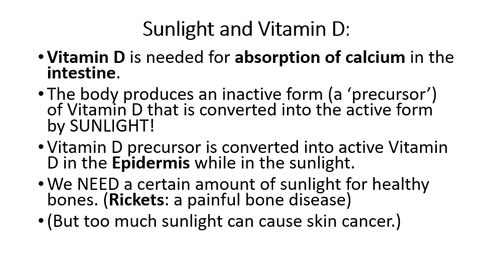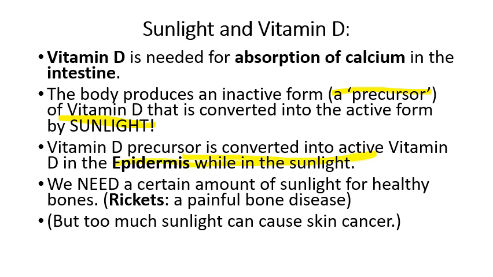All right, so vitamin D is needed in order to absorb calcium in the intestines. The body produces an inactive precursor of vitamin D that is converted to the active form by sunlight. Inactive vitamin D is converted into active vitamin D in the epidermis while in the sunlight.